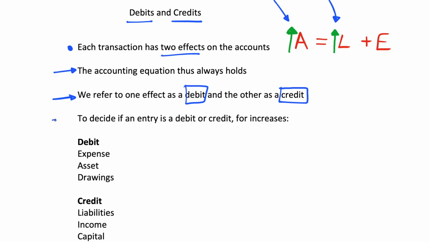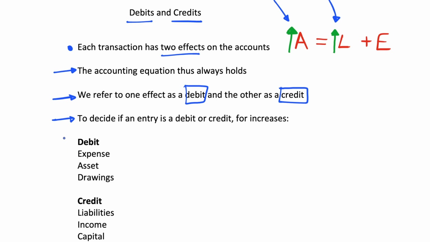And so the question is, how do we decide whether it's going to be a debit or a credit? And there are a number of mnemonics or various devices to remember this, because it's quite a difficult one to just remember off the top of your head.